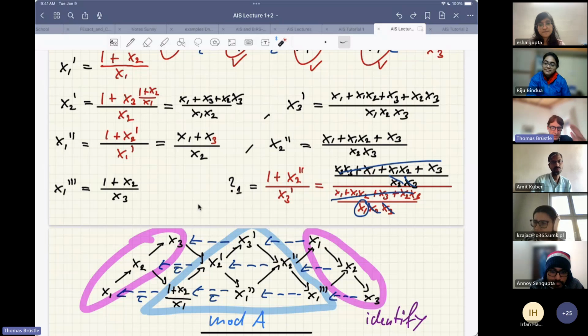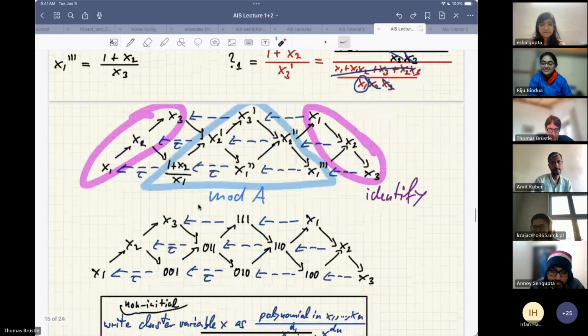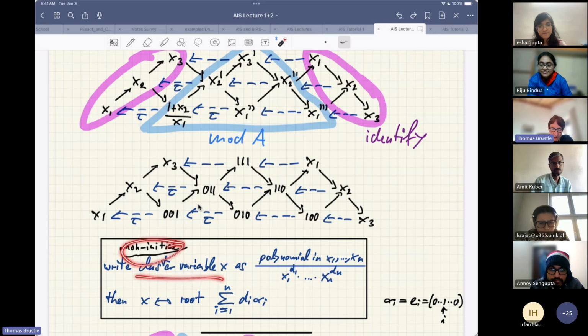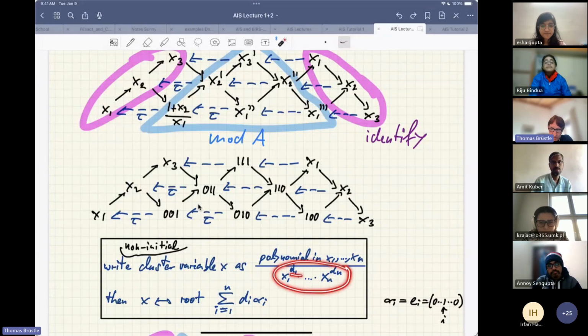So in that whole picture, we want to identify these two parts. Yeah, these are the same. Good. So this is what I said: the non-initial cluster variables, if I write them as a Laurent polynomial, I can read off in the denominator the exponents which describe the sum of the simple roots.